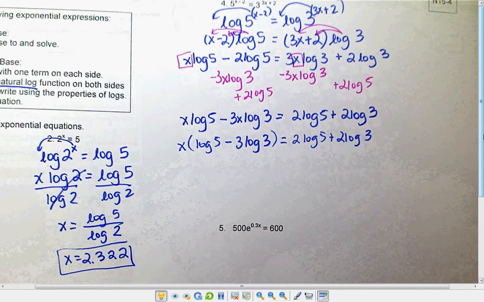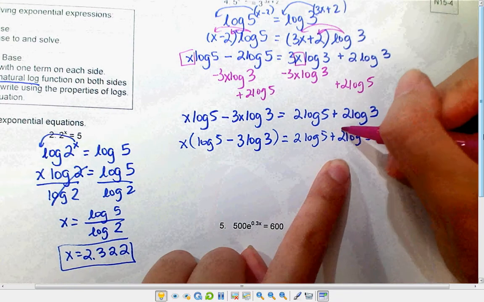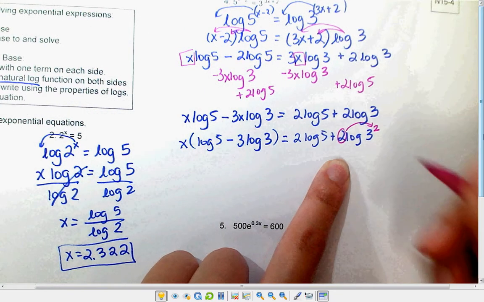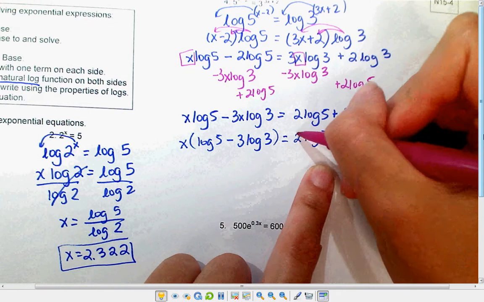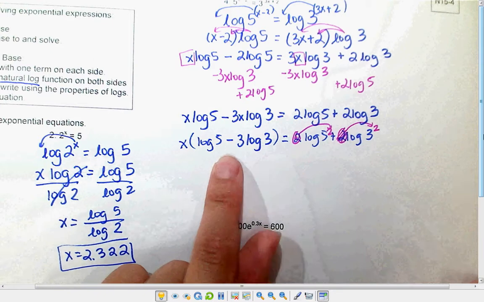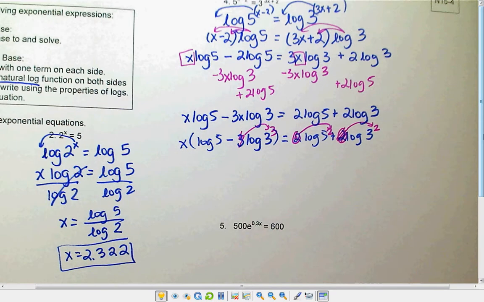This is similar to what we did in our other lesson. So let's start off with these 2. This 2 I can actually move to become an exponent here. Same as this 2, I'm going to also move to become an exponent up here. And this 3 also becomes an exponent as well.